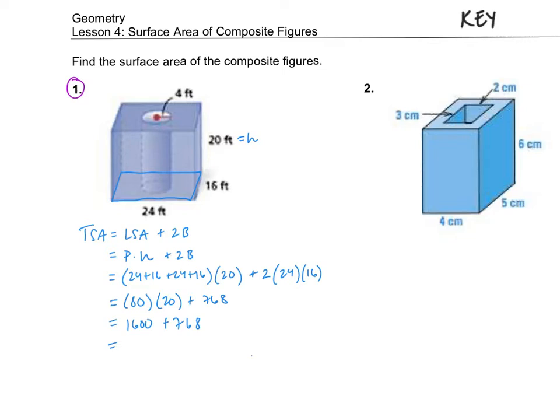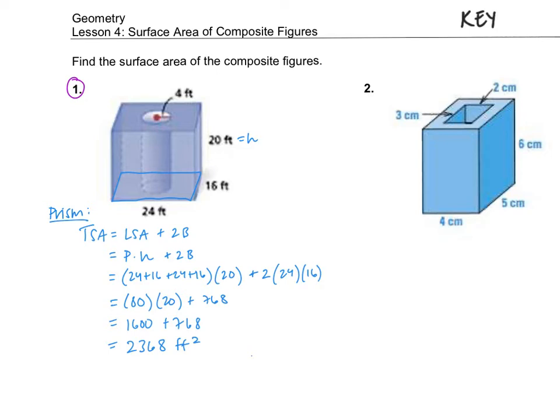When we put this in our calculator, we should end up getting 2,368. Now, remember, that's going to represent the feet squared, and that's really looking at our total surface area of our prism. That would just be it by itself.